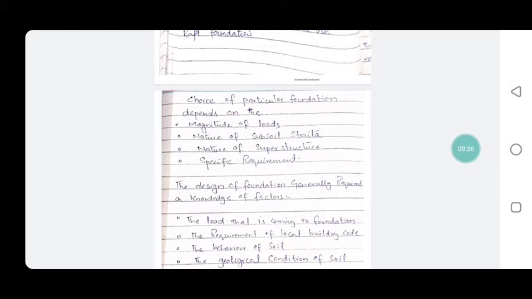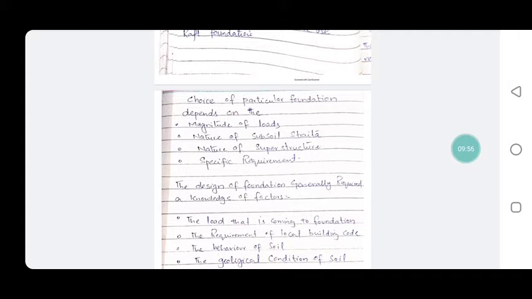In Saudi Arabia, my project was a 45 G plus 45 building. In that project, the designer gave raft footing. So in multi-story buildings, we usually use raft footing.